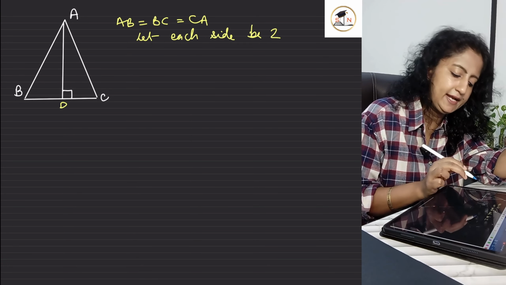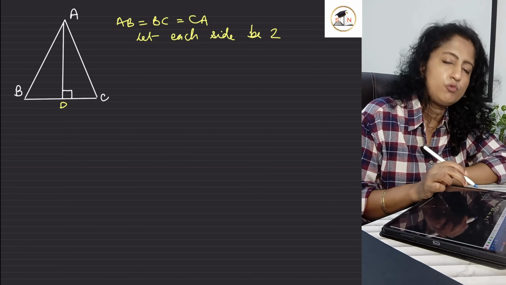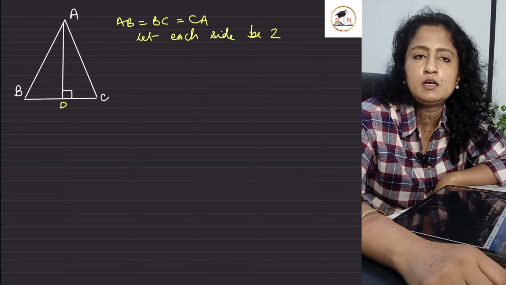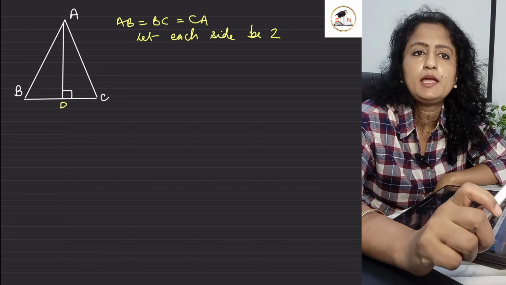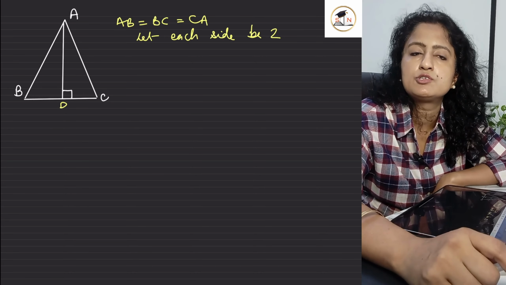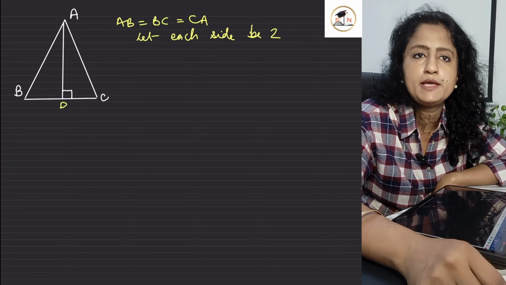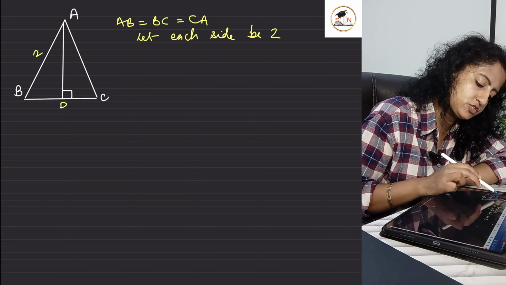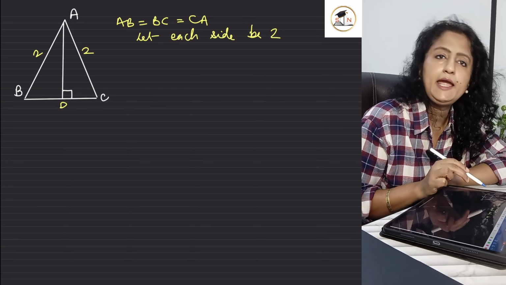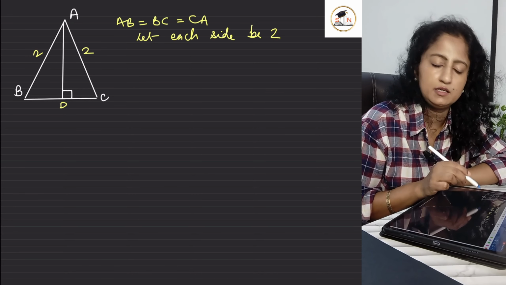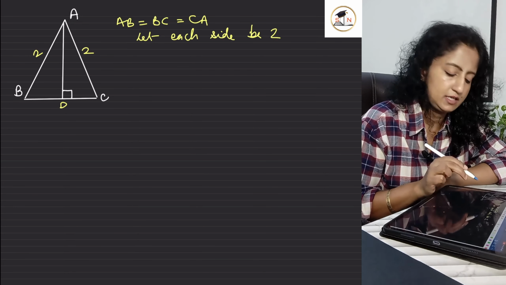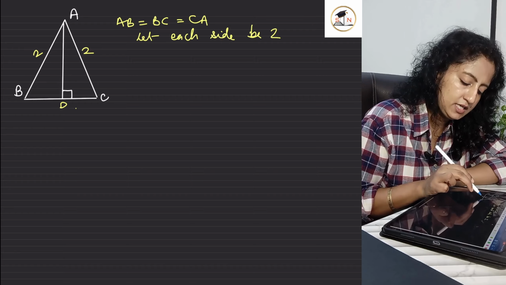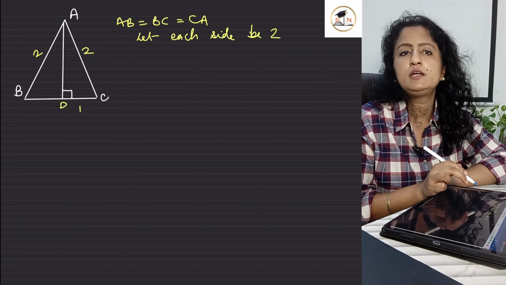Here AD is a perpendicular, right? So what does a perpendicular do in an equilateral triangle? It acts as the median also, and it divides the base into 2 equal parts, right? As I said, each side is 2 units, but AD being the perpendicular and the median, it divides the base into 2 equal parts, meaning DC will become 1 unit.